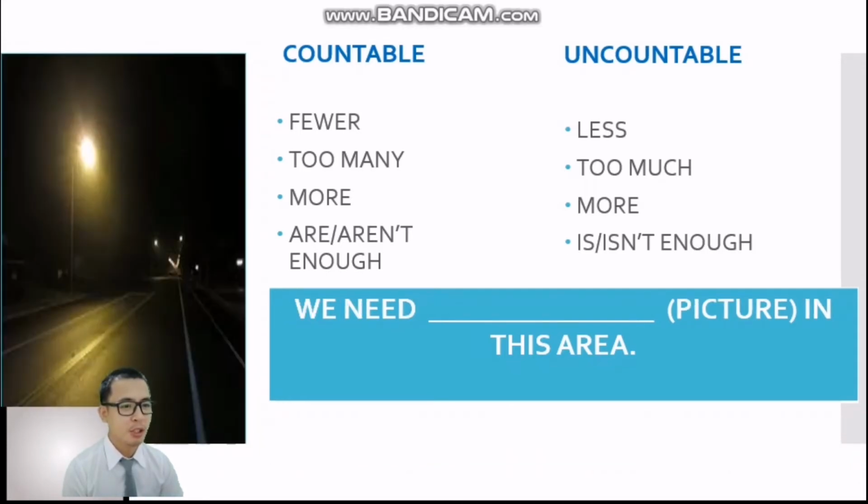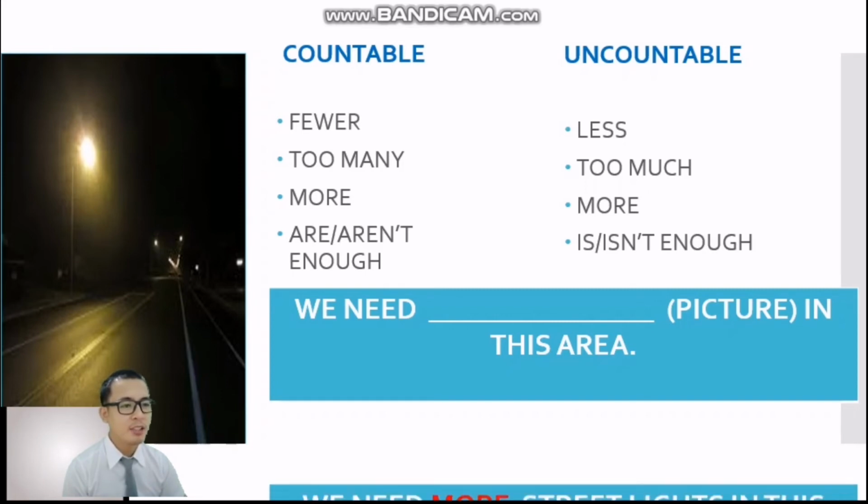The next picture is this one. And proceed to the sentence. We need blank picture in this area. Your time starts now. Time's up.